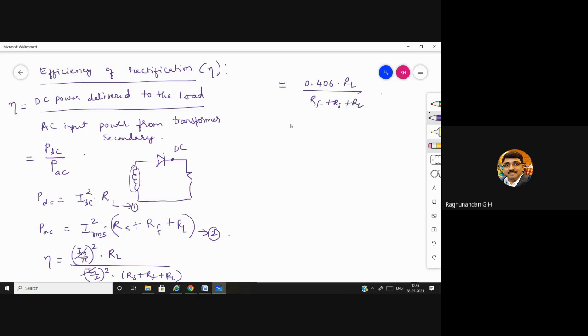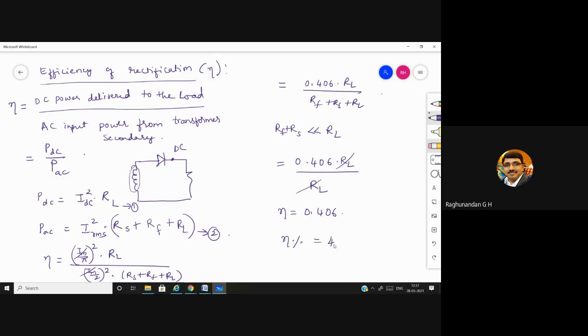And also, as we know, RF plus RS is very, very less compared to RL. So the above equation can be written as 0.406 into RL divided by RL. So RL will get cancelled and you'll get efficiency as 0.406.